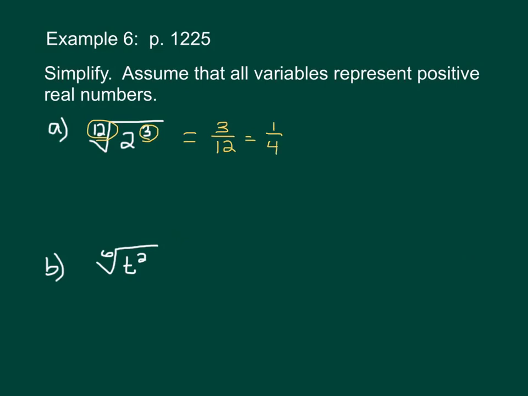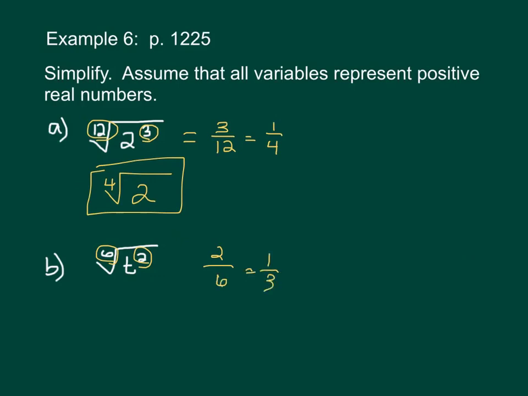So that's going to be the fourth root of 2 to the first power, or just the fourth root of 2. And then b, I can take, again, my exponent divided by my index, 2 over 6, which is 1/3. So this is going to be the third root of t to the first.